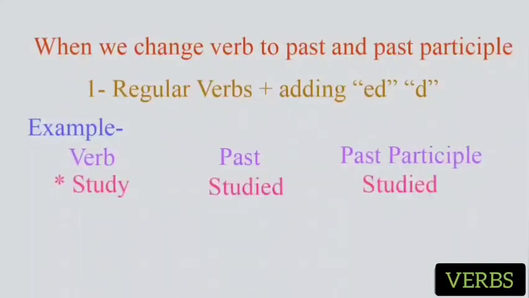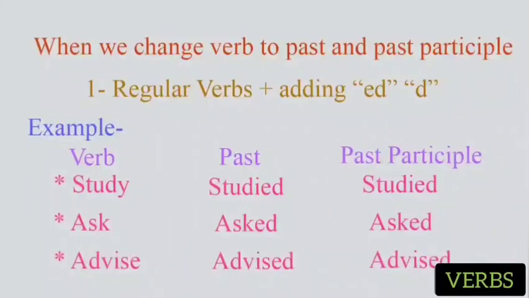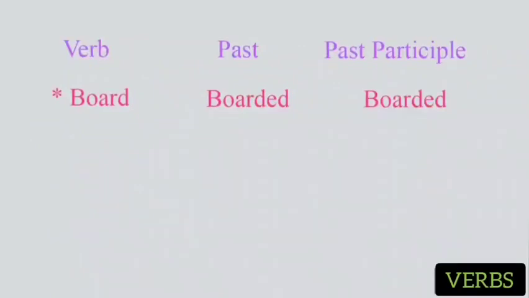Just like study, studied, studied. Play, played, played. Ask, asked, asked. So we are simply adding d or ed. Advise, advised, advised. Just like board, boarded, boarded. Carp, carped, carped.